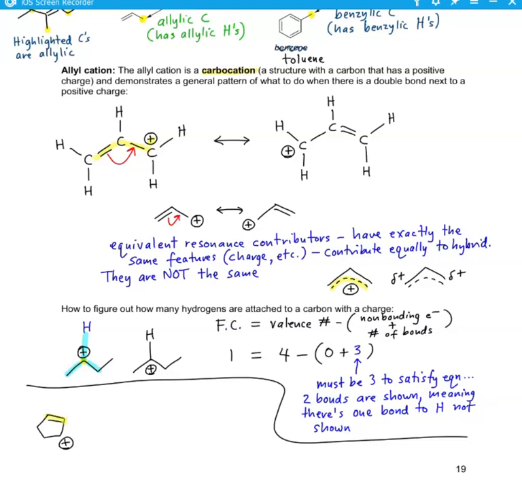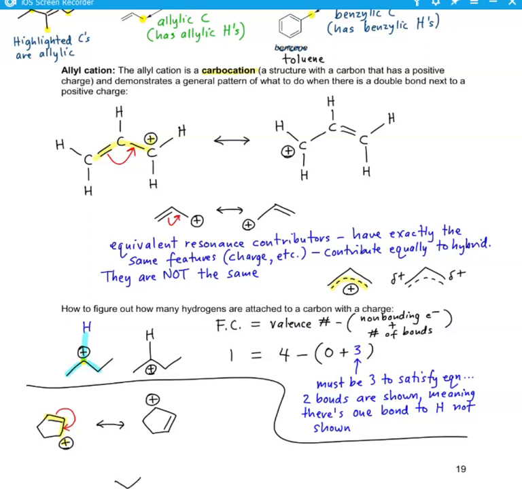Here we have a double bond next to a positive charge. So we have an allyl cation within this molecule. So you can start an arrow at the double bond and point to this bond next door, the one that's associated with the positively charged carbon. And that gets us to this.